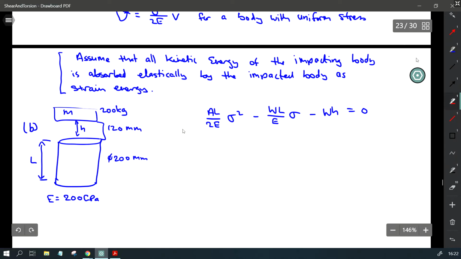So what do we know? We know the stress, because we're told the maximum stress that's allowable is 100 megapascals. Okay, we can work out the area. We know what E is. We can work out W. We know what H is. So we know everything except L. So we're solving for L.